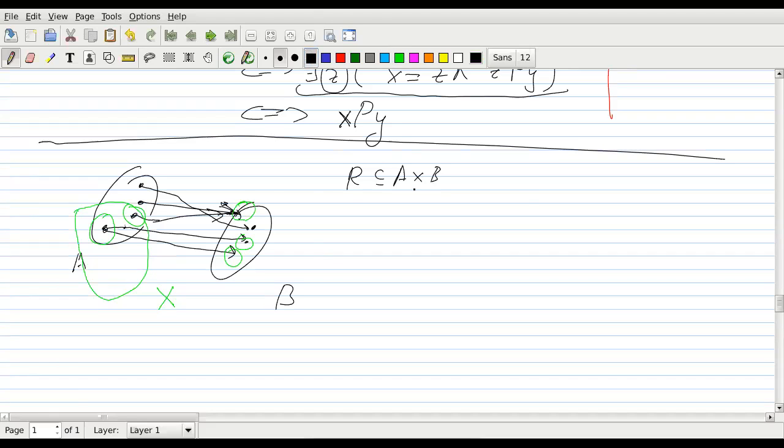Yes. So in general, I may define the following concept, which is read the following way.